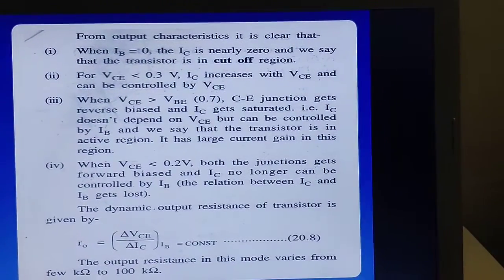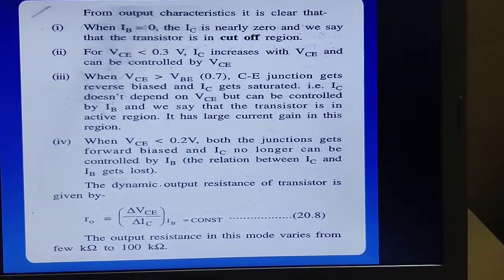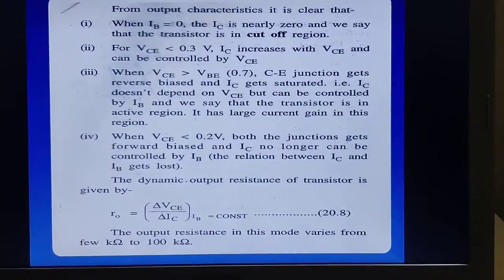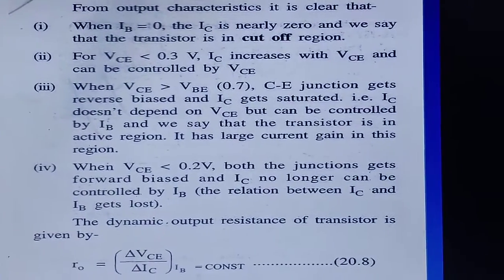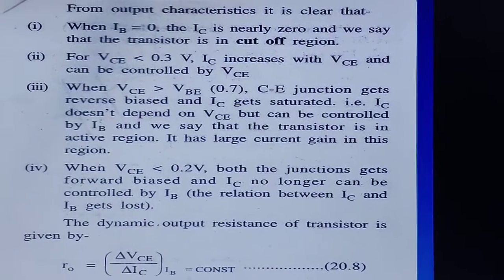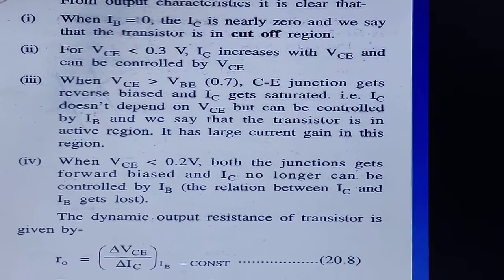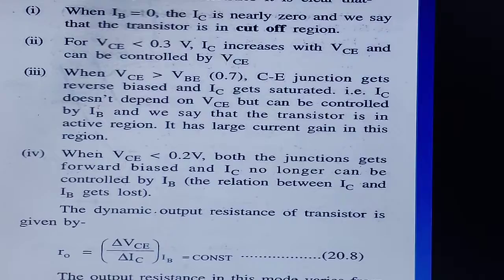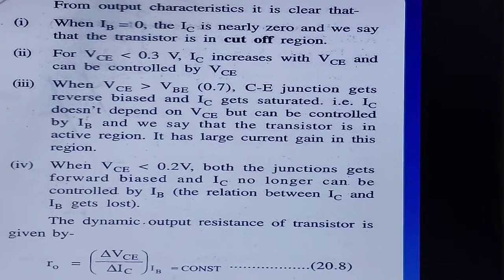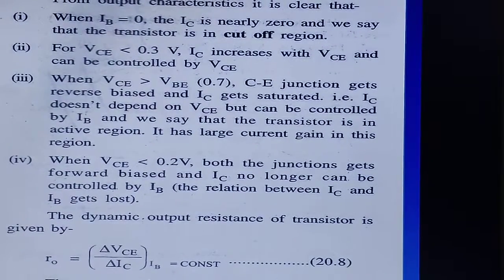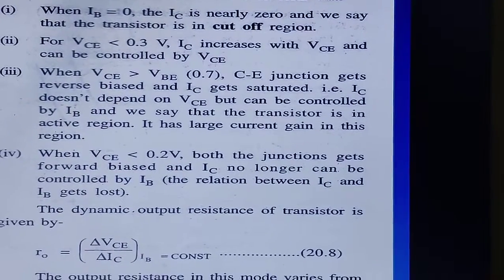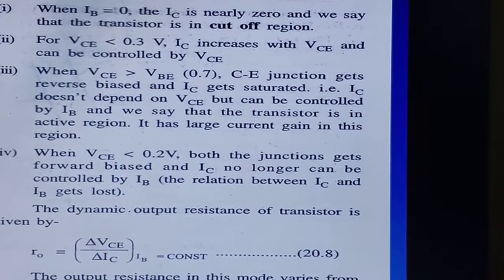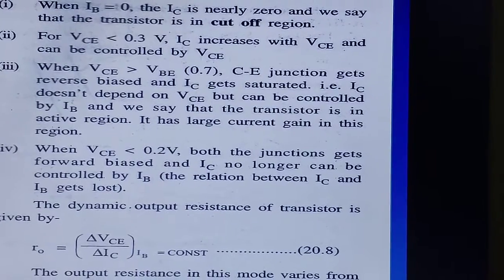From the output characteristics, it is clear that when IB equals 0, IC is nearly 0, and we say that the transistor is in the cutoff region. For VCE less than 0.3 volt, IC increases with VCE and can be controlled by VCE. When VCE is greater than VBE, say 0.7 volt, the collector junction gets reverse biased, and IC gets saturated.